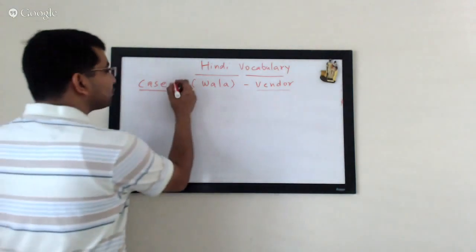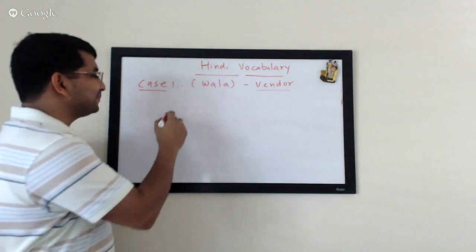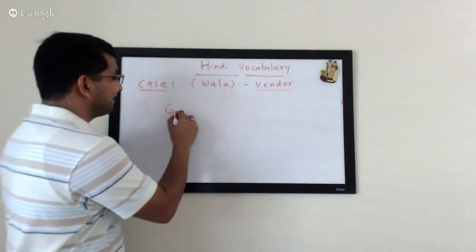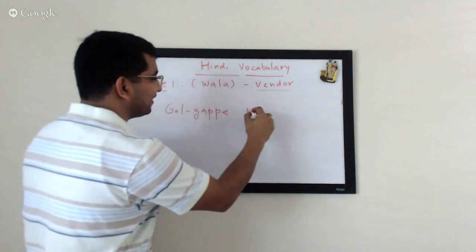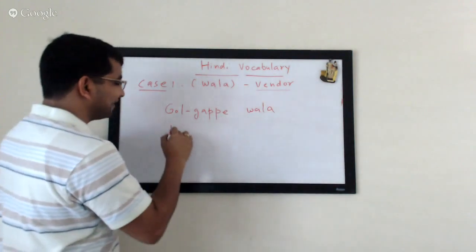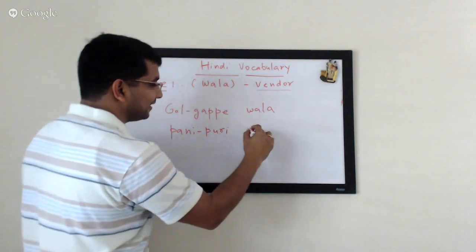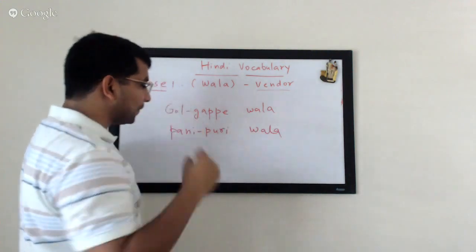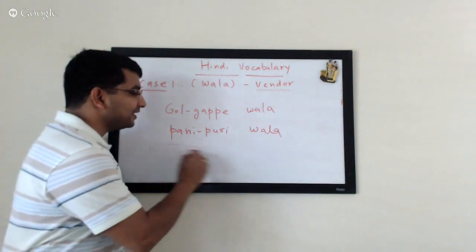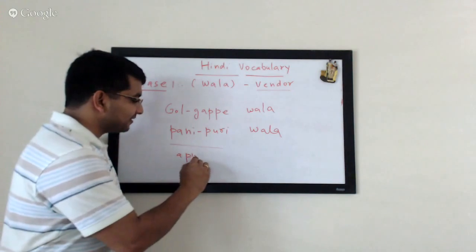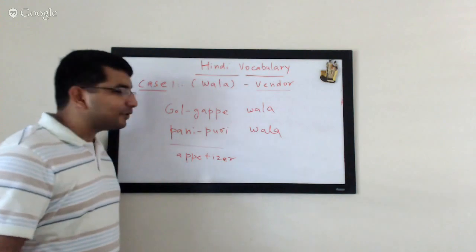Yesterday when I posted this quiz, somebody said the best wala is gol gappe wala, or pani puri wala. If you've been to India, you must have seen it on the streets. It's a street food, an appetizer, very popular. I sort of agree with whoever posted this.